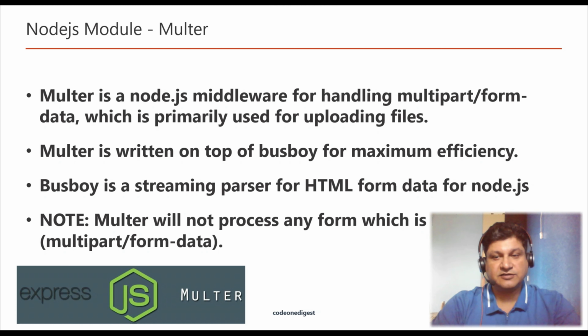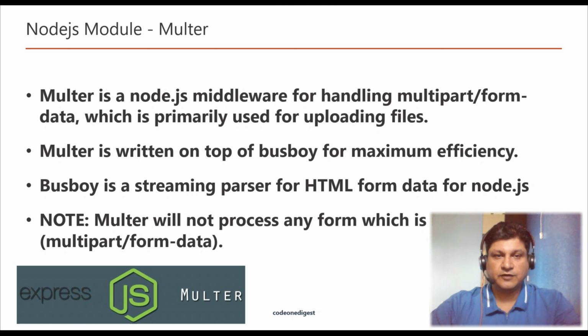Hence, Multer is written on top of busboy to use the underlying HTML form data capabilities. Note that Multer will not process any form data which is not multipart form data. So our content type should be multipart form data, and only then will it process the request. Right, friends? So let's now jump directly to the coding.